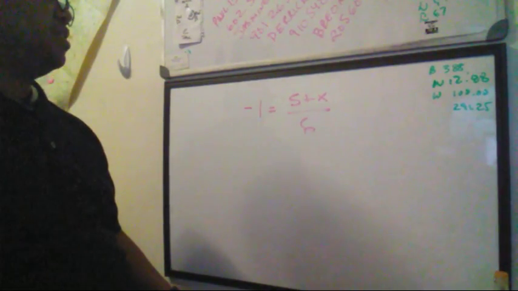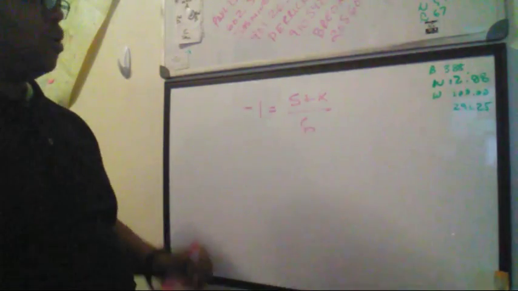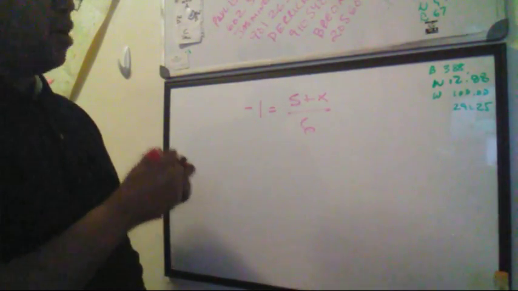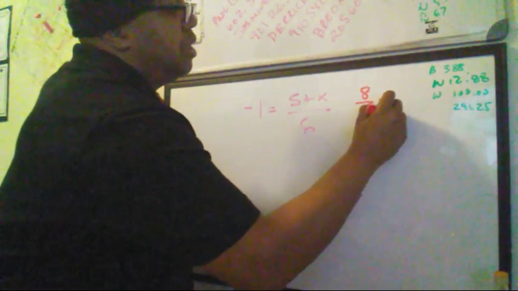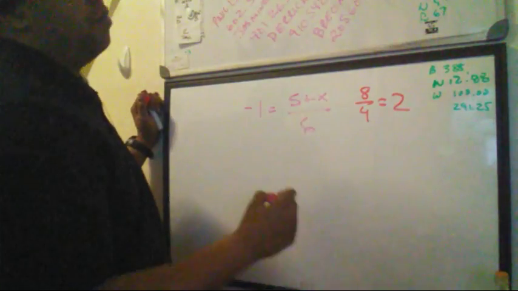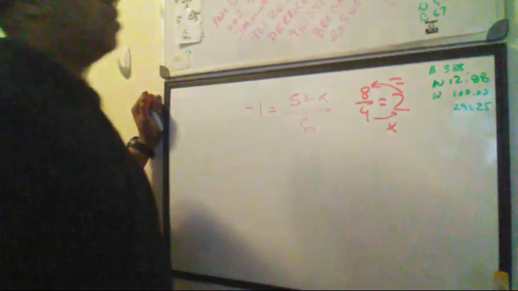All right, I think setting up a new equation is the easier way to do it. So I always give you guys a parallel, right? If I had 8 over 4, that would be equal to 2, right? But you got to look at this like 4 times 2 is equal to 8, all right?